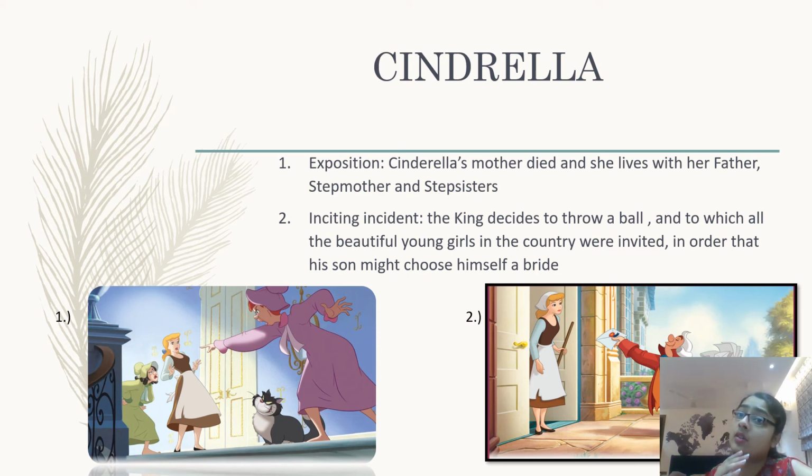If she had never got the invitation, if the king had decided not to throw a ball, then Cinderella would maybe have never met the prince and her fairy godmother, and she would still be with her stepsisters, just slaving away. So our story might never have happened if the ball hadn't been thrown. And so this is our inciting incident here, since it has caused the entire story.